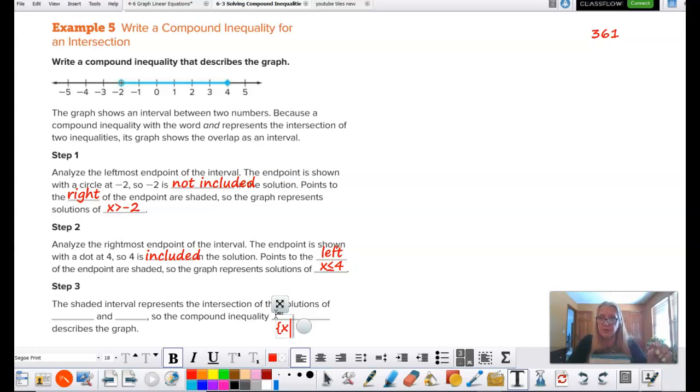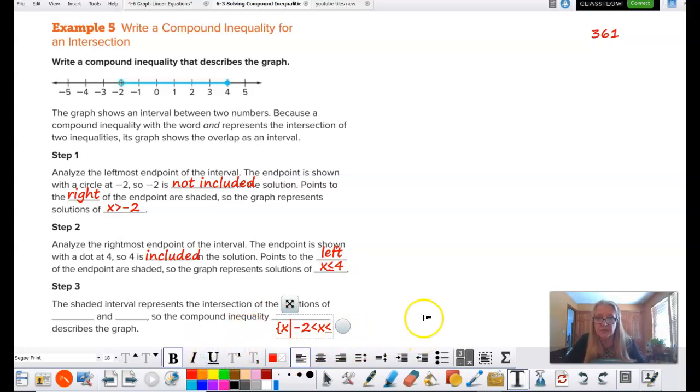Okay, so we want to show, all right, where's my solution? I want to show that we're always going to start with a smaller one, so -2. And -2 is less than, notice I had to flip this one, x, sorry about the dog, which is less than or equal to, so I need to or equal to that one. Let me underline that one, so it's an or equal to, okay?